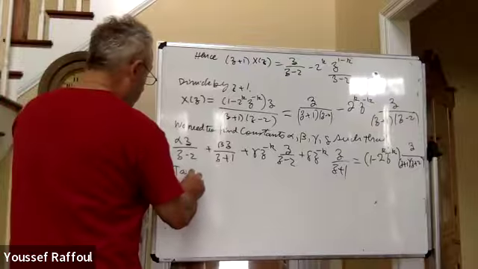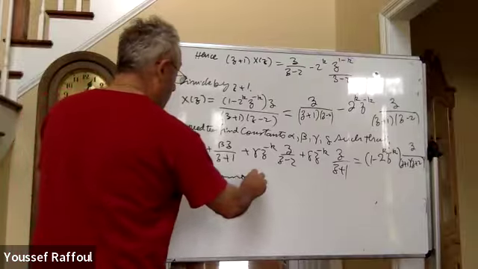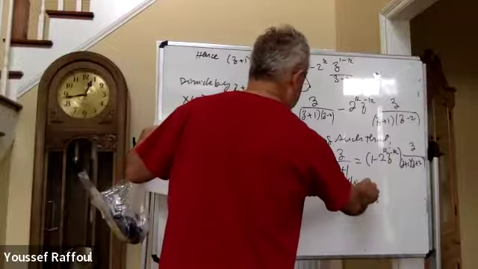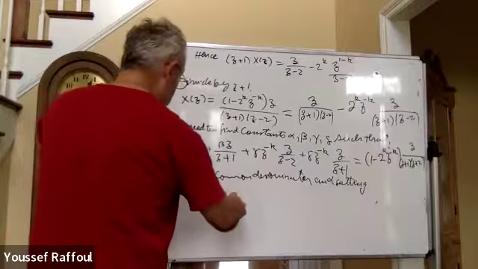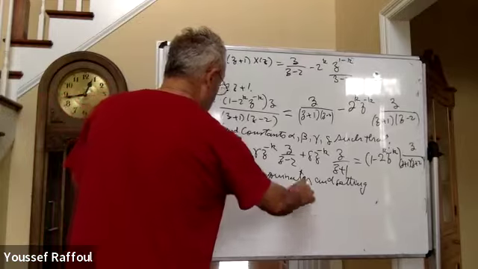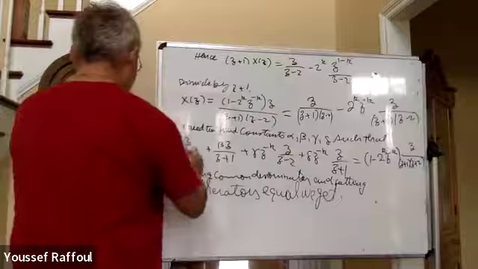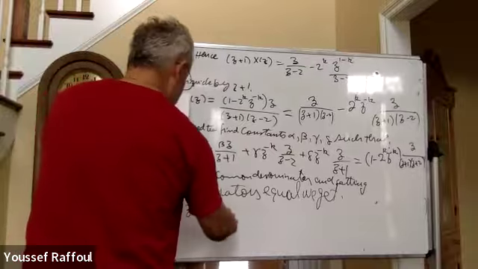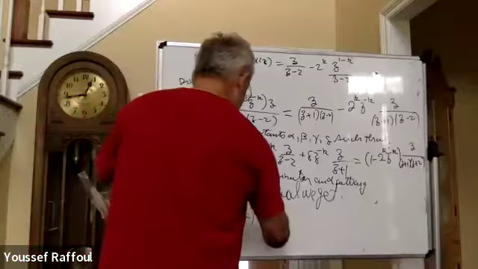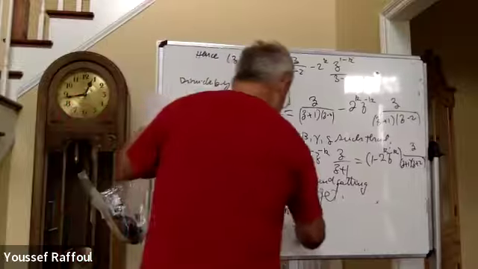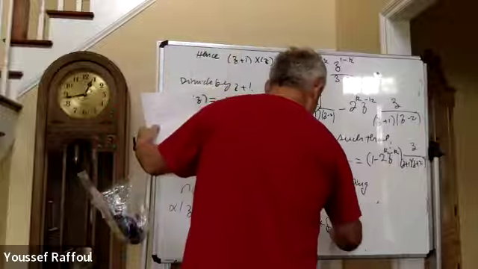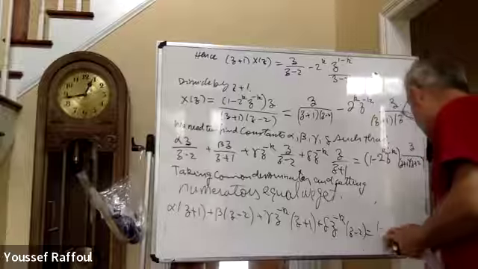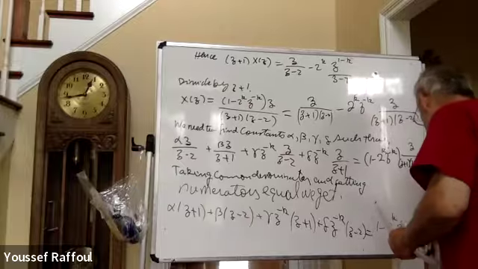So take the common denominator, and setting numerators equal, we get alpha (z plus 1), okay, plus beta (z minus 2), plus gamma z to the minus k (z plus 1), plus delta z to the minus k (z minus 2), equal to 1 minus 2 to the k z to the minus k.